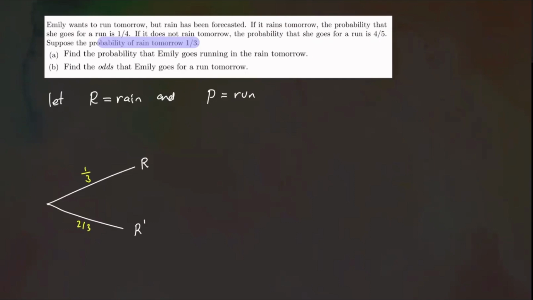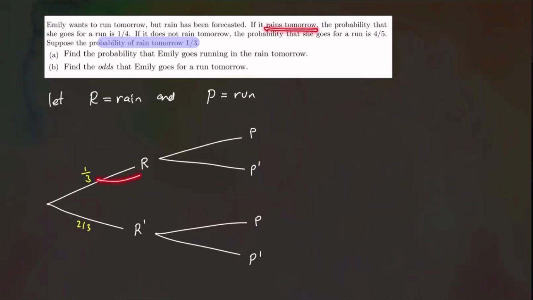All right, now the conditional event: she will run or she doesn't run. So P or no P, or even if it doesn't rain, she will run or she won't run. So those are my events as I defined them. If it rains tomorrow, so we're in this part, the probability that she will go to run is 1/4. So I'm going to put that down here. This is 1/4.